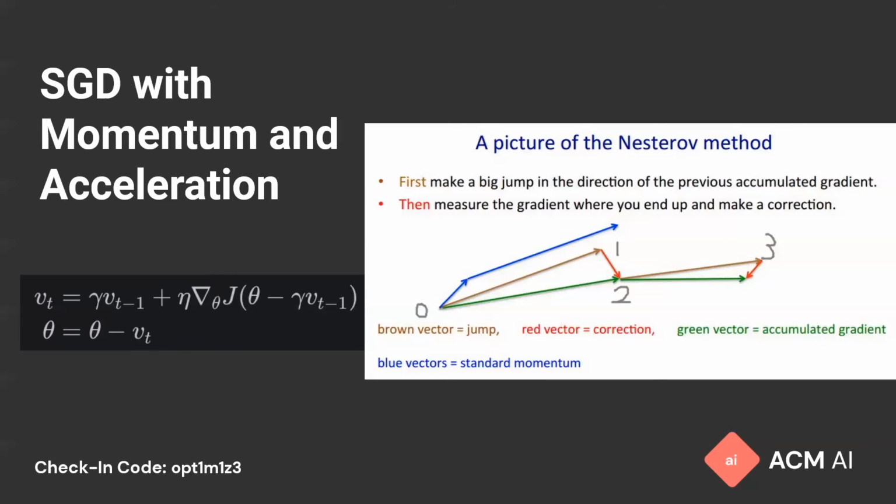Here it's slightly different. The idea is that we first move in the direction of the previous gradient by a little bit, and then we calculate the gradient of that particular function. Another way to think about it is that we are calculating the gradient at a different point from where we originally are, in the direction of the previous gradient.